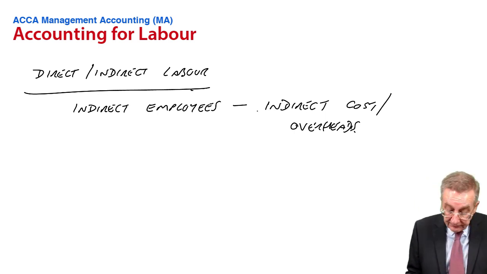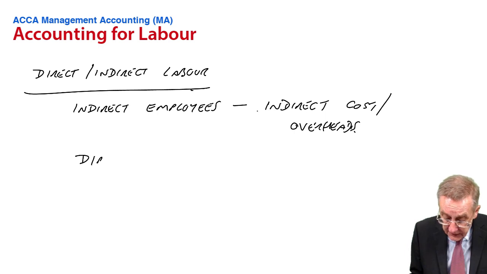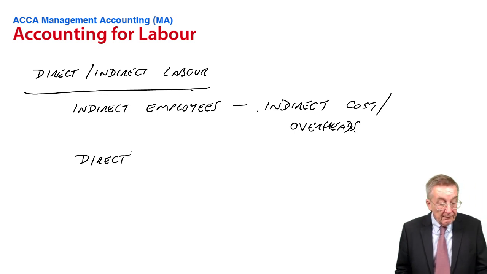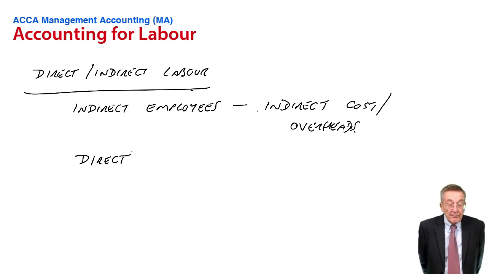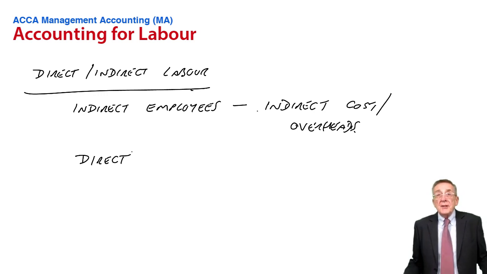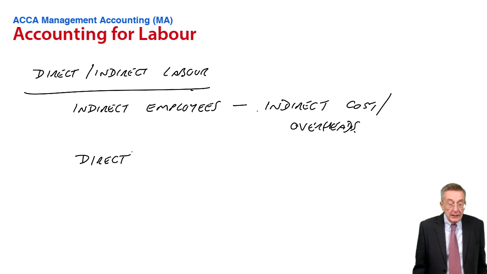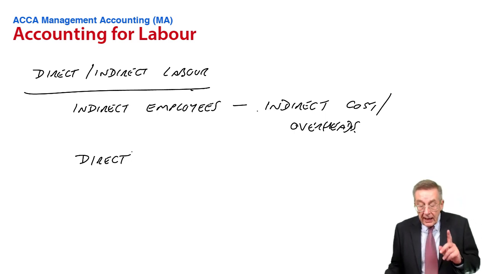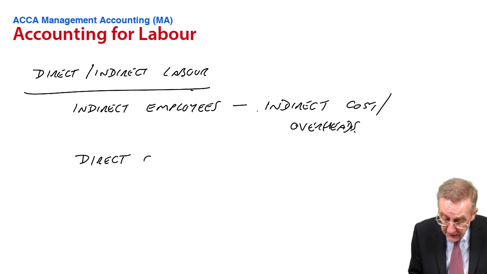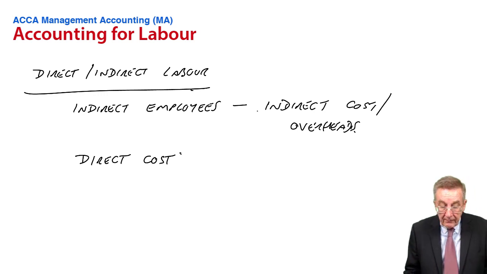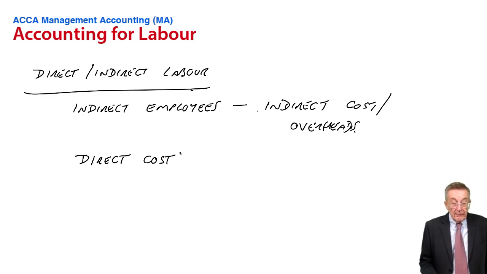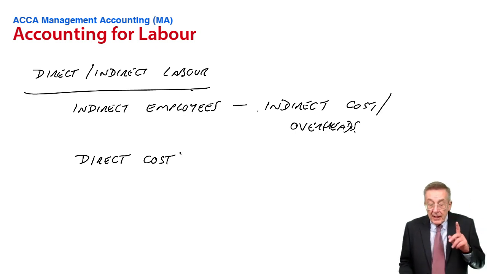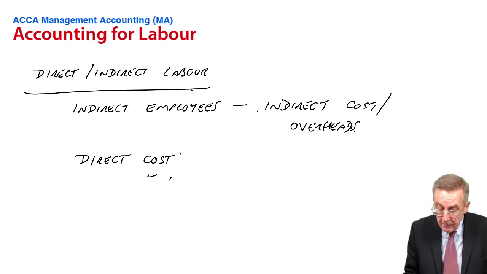On the other hand, direct costs, and this is the bit to learn, if the workers are directly involved in making products, direct labour, then it's going to be a direct cost provided we're either talking about their basic pay.